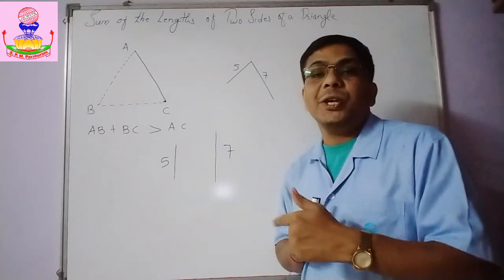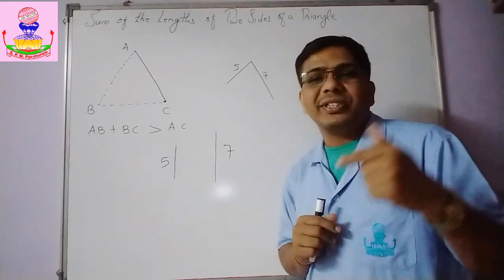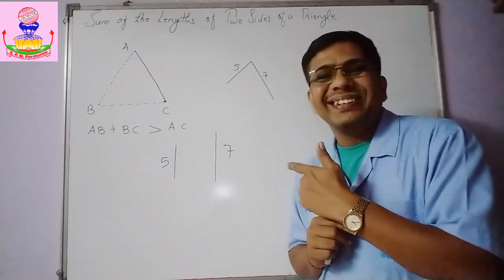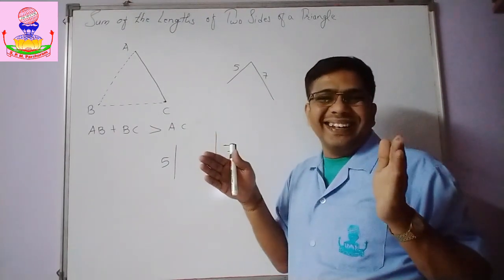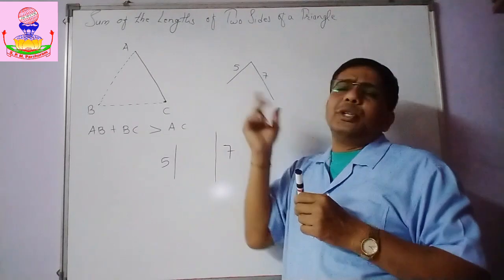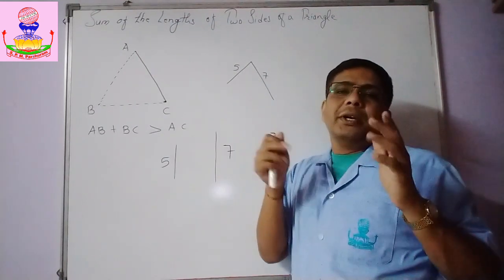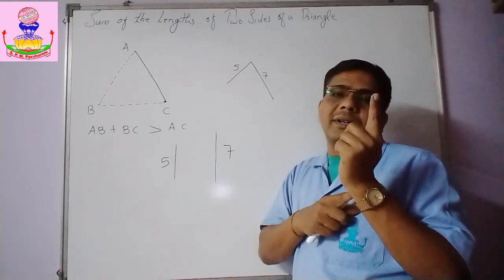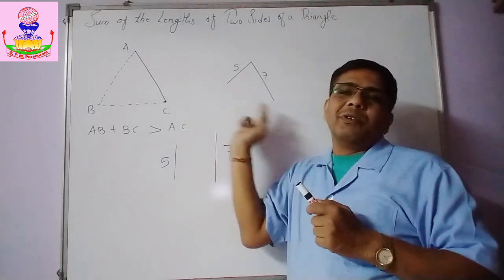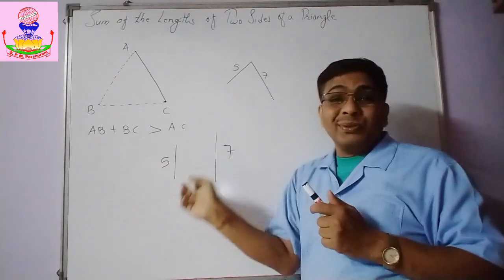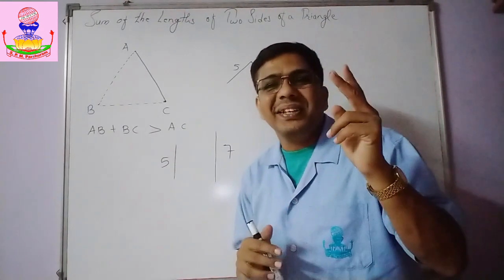So it can be 3. It should start from 3 up to 11. So it can be within the range 3 to 12. Right? So any length between 3 to 12, you take the stick of any such length, you will be able to form a triangle. So that is the use of these two properties.